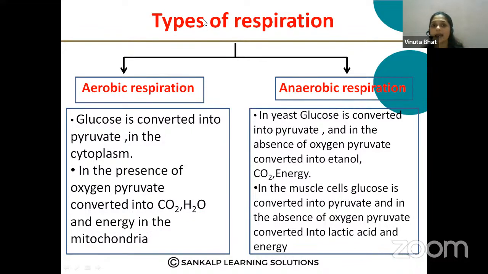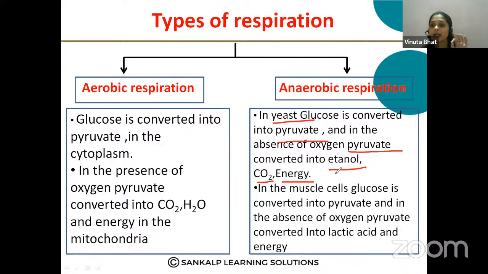Then what is anaerobic respiration? Anaerobic respiration means, commonly it takes place in the yeast. Okay, so in the yeast, the first step is the same, glucose is converted into pyruvate, that is the 3-carbon molecule, and pyruvate in the absence of the oxygen is converted into ethanol, carbon dioxide and energy.